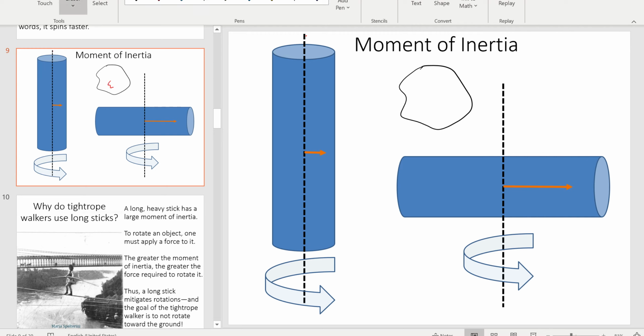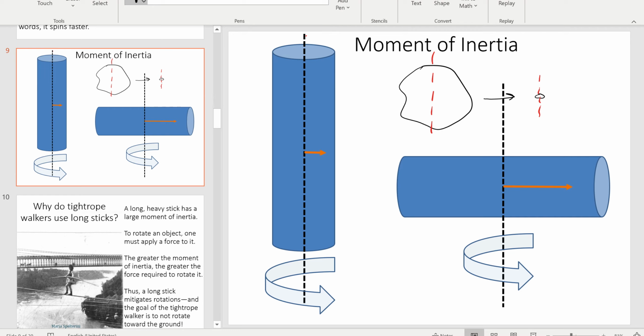I'm sorry, I can't draw anything, but anyway, this is a nebula here that I've drawn, this black blob, and it contracts under its own gravity and it becomes smaller. And as it contracts, the distance between the center of rotation and the gases that form the nebula decreases. I think you could see obviously the distance decreases because it becomes a tiny disk. Therefore, the moment of inertia of this object decreases.